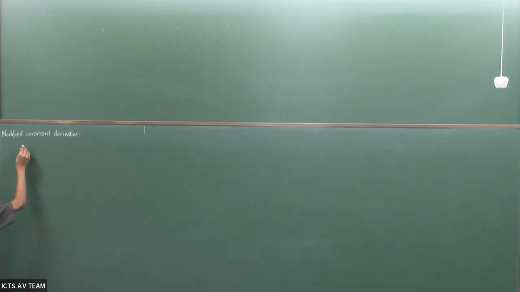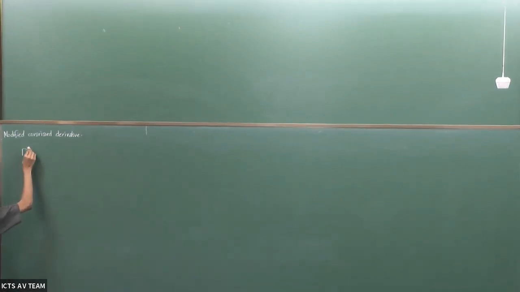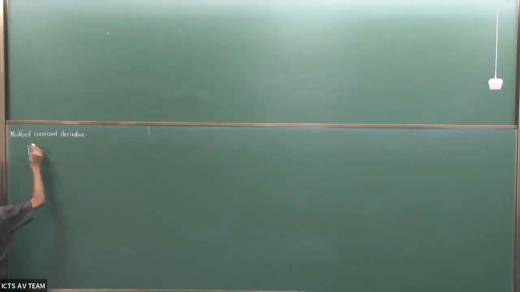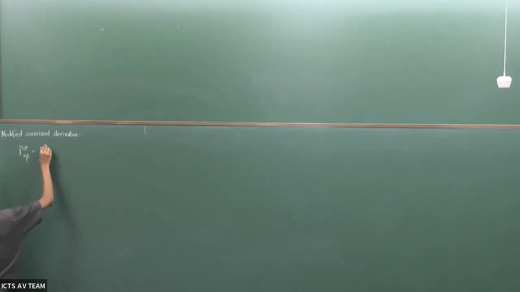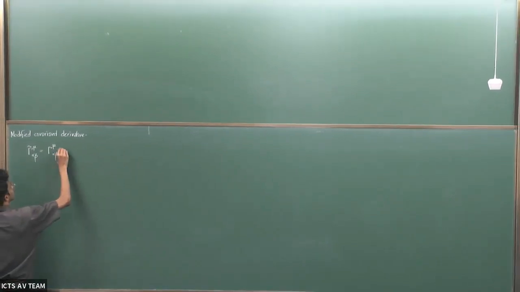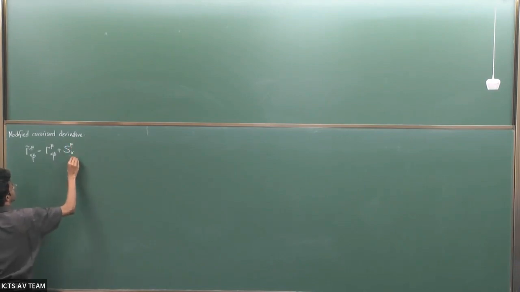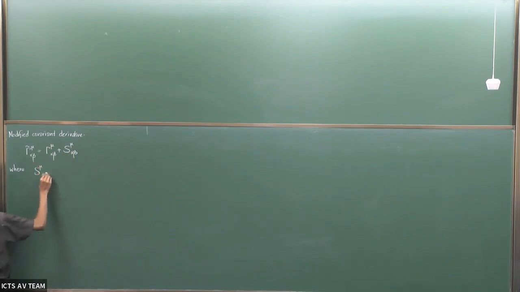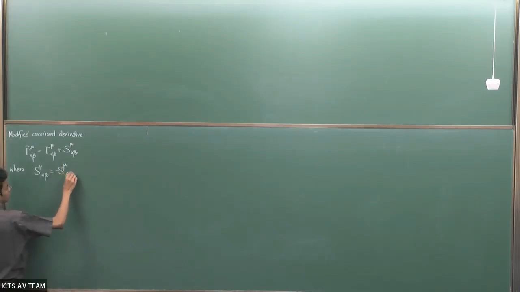The covariant derivative in this problem, let's say D mu alpha beta, they're defining as a modified covariant derivative, which is the usual Christoffel connection, the Levi-Civita connection, plus some tensor S mu alpha beta, such that, well, Ashok says that this is completely antisymmetric once you lower this index, but we'll actually only need the fact that S mu alpha beta is equal to minus S mu beta alpha, right?